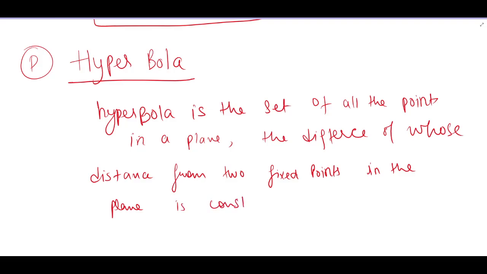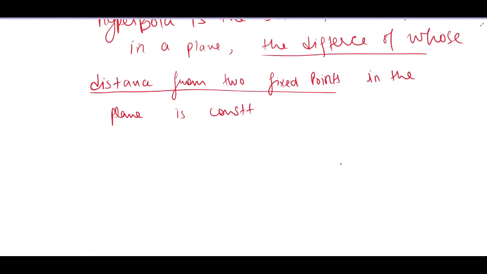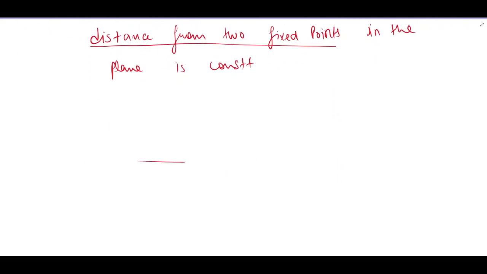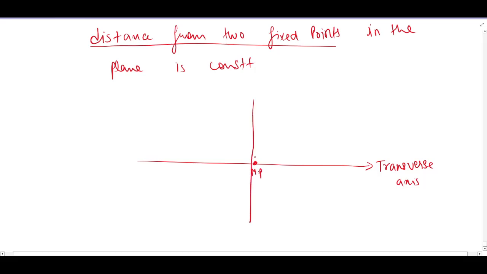So like in ellipse, we take a sum of distance from two fixed points. So here we take the difference of distances from two fixed points. That is, if this is the axis of a hyperbola, so this is called the transverse axis, and this is the midpoint, and the axis through the midpoint, which is perpendicular to the transverse axis, is called the conjugate axis.